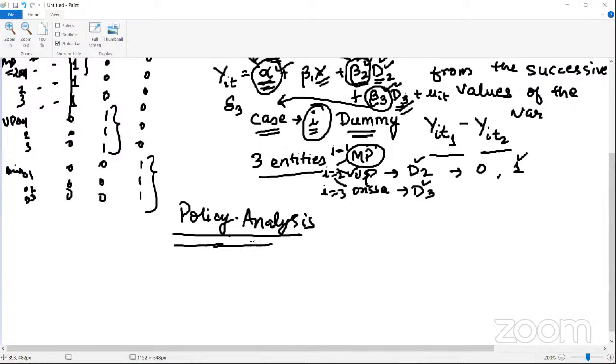Ma'am, before moving ahead, I want to ask a question. In the first difference FE model, we will deduct the values of 2002 from 2001, na?